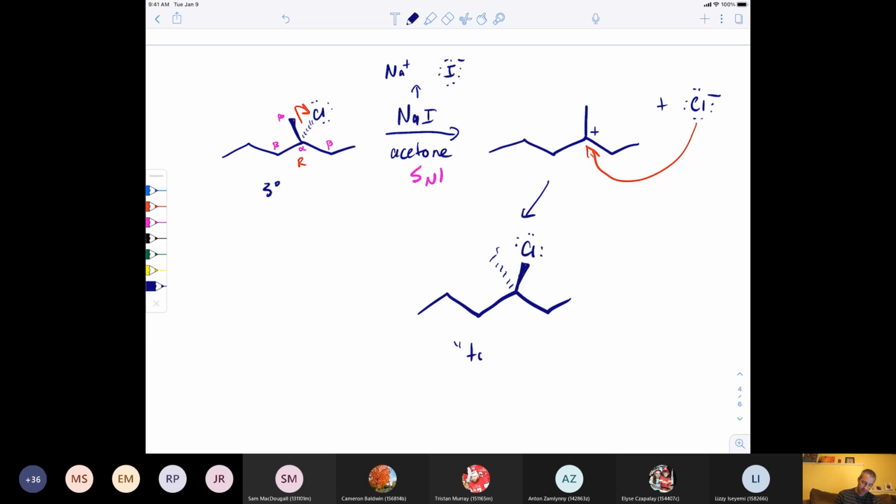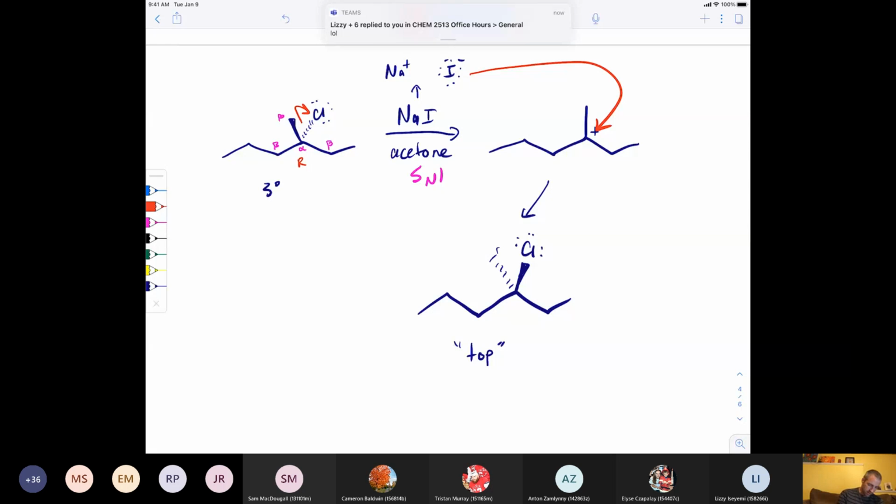We can call this one top. You can see the chlorine kind of came down from the top. Why would the Cl be attacking if that's where it started from? You are correct. So let's not use Cl. Let's use iodide. There. Let's get rid of Cl. We don't want to see him anymore. Iodide is the incoming nucleophile.